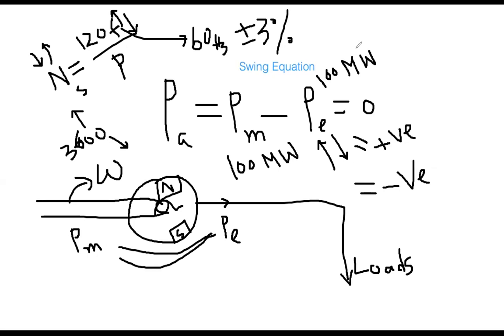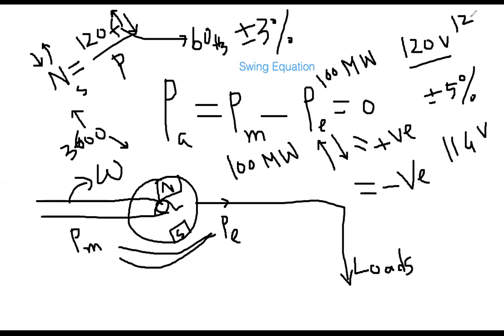The same thing applies to voltage. For example, in the United States, your phase voltage is 120, and the tolerance is plus minus 5%. This means that it can go upward to 126 volts, 5%, and downward it can come to 114 volts. So maximum it can be 126 and minimum 114 volts.